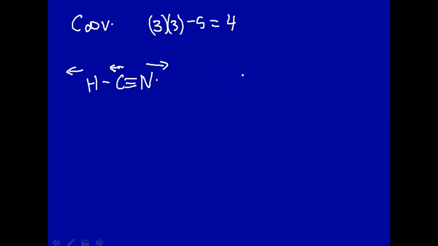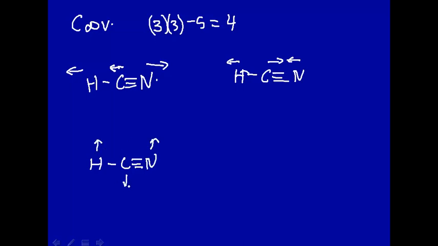Now let's do another one here, H, C, triple bond N. Let's move these two together like we did for carbon dioxide, and then this one will have to be moved out this way. This is a symmetric stretch, this is the asymmetric stretch, and then finally we have the bending, C triple bond N, where let's put this one up, and then this one will come down.